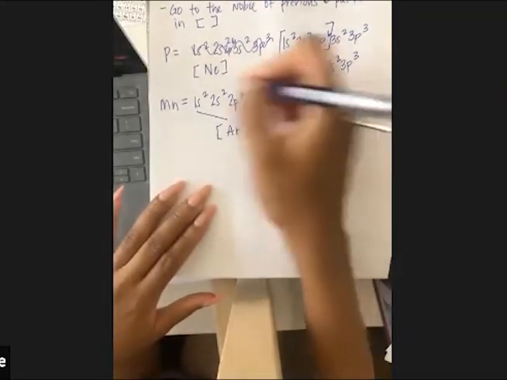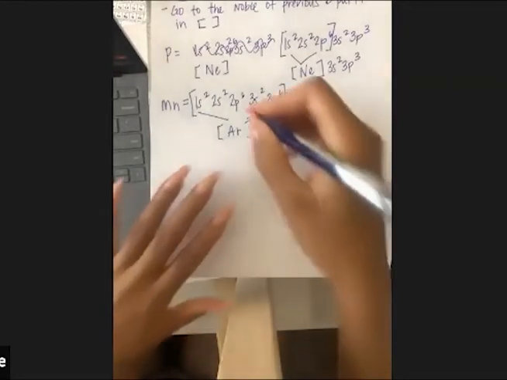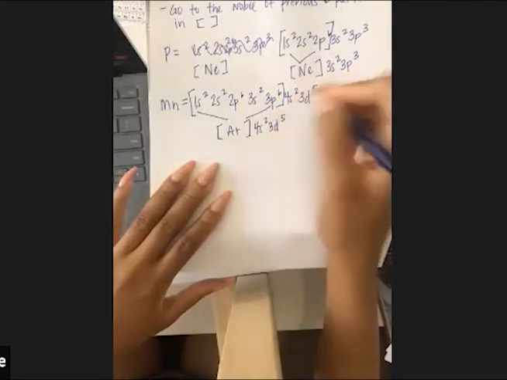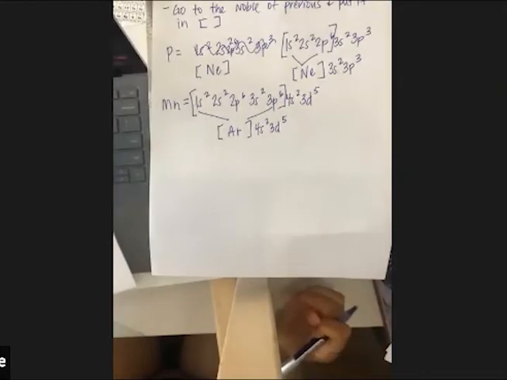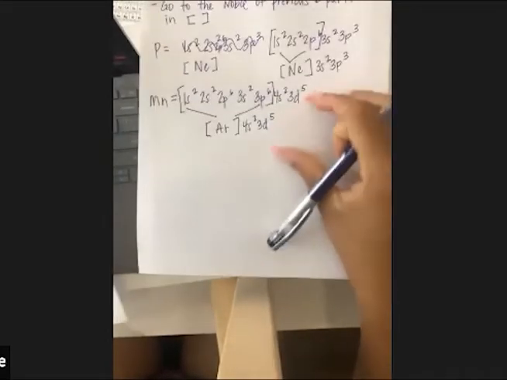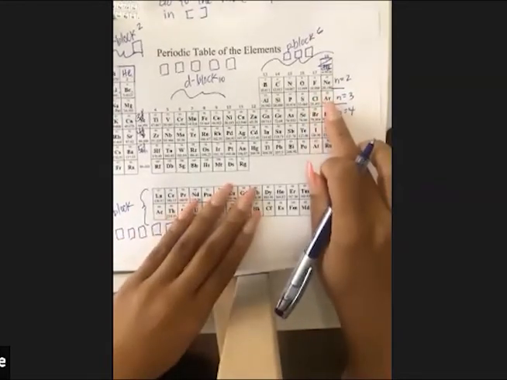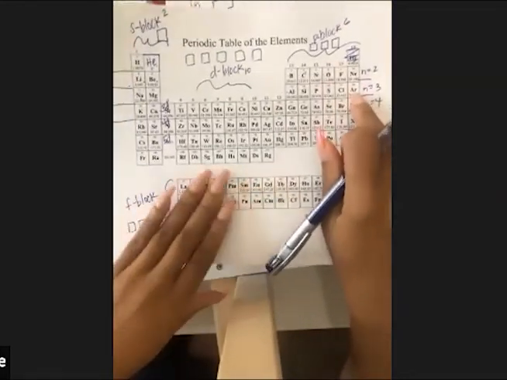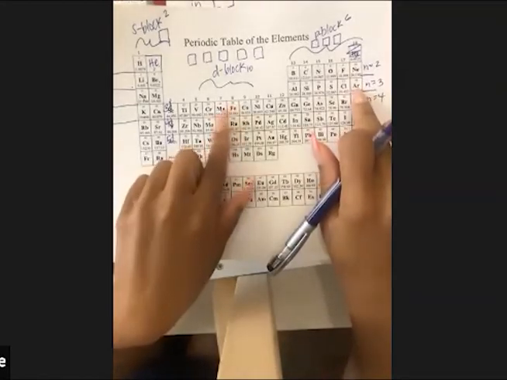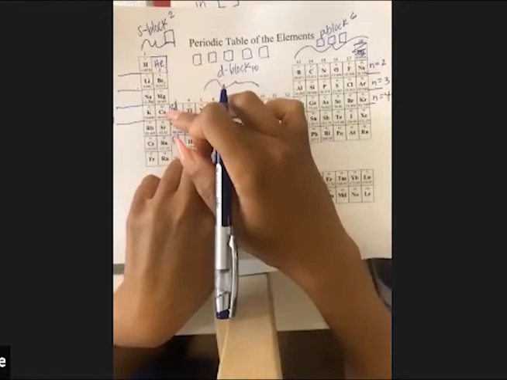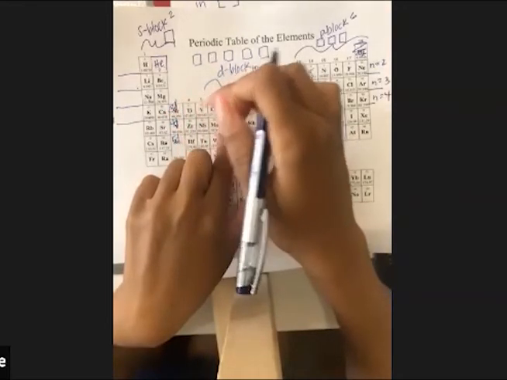So I'm going to say argon and then just write 4s2, 3d5. Basically, if I look on the periodic table to figure this out without having to write out the long extended version, I would just go to argon and say, okay, argon in brackets, what comes after argon before I get to manganese? I'm on 4s2 right here, and then 3d, 1, 2, 3, 4, 5.